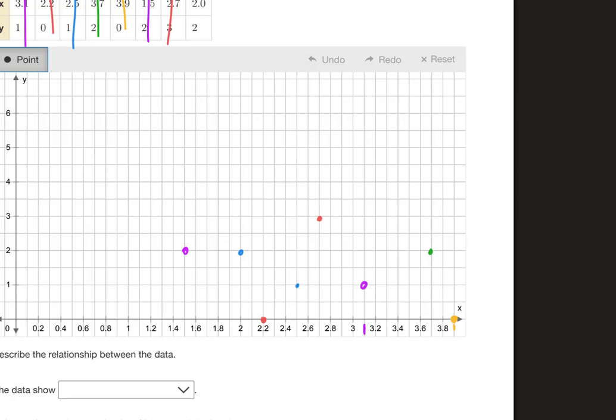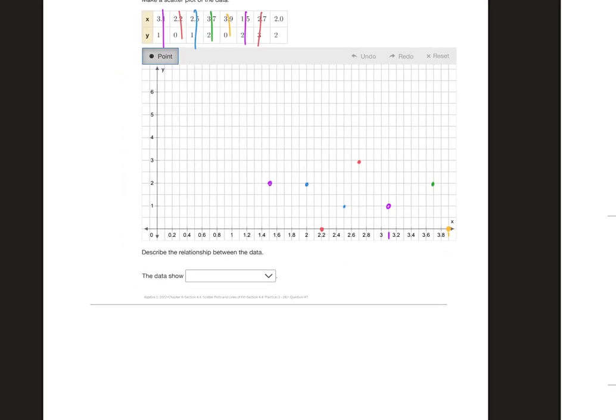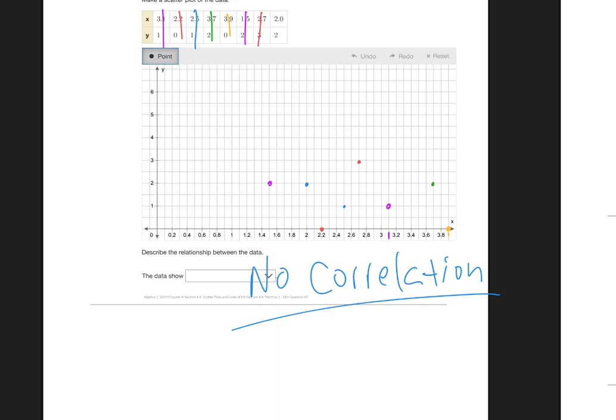Since I'm having such a hard time with it, I'm going to go with no correlation. I think that's a decent argument to make if you're really conflicted about drawing a line. If you're really conflicted about the evidence of a strong relationship, then just say no, we don't have one.